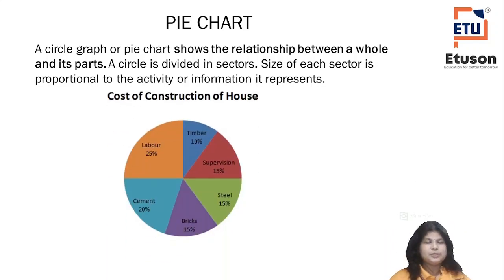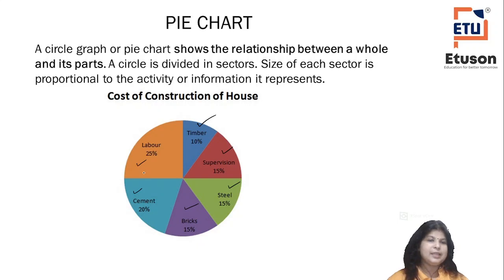So suppose this is a pie chart which indicates the cost of construction of house. So as you can see, if the total cost is considered to be 100%, so out of that 100%, 10% is dedicated to timber, 15% to supervision, 15% to steel, 15% to brick, 20% to cement, and 25% to labor.